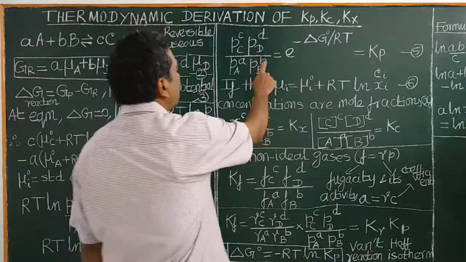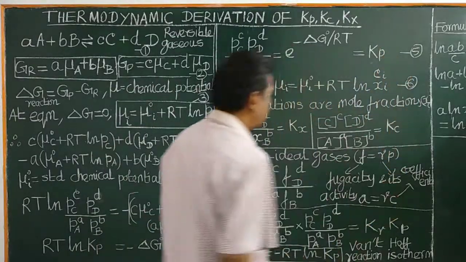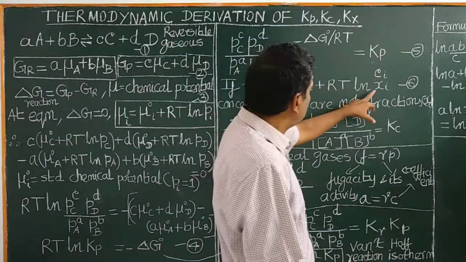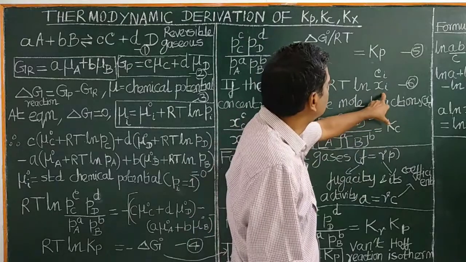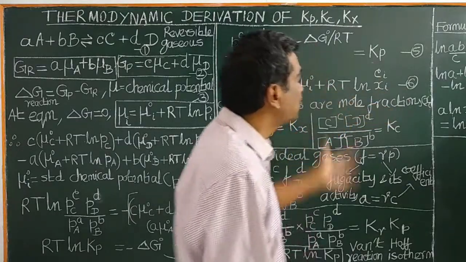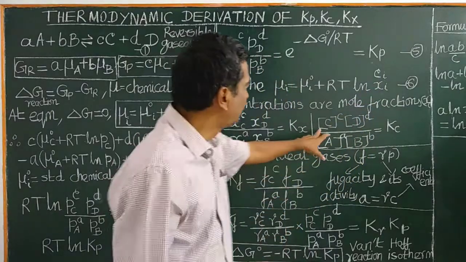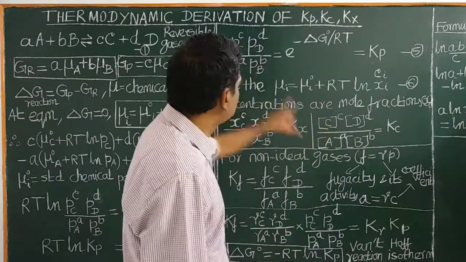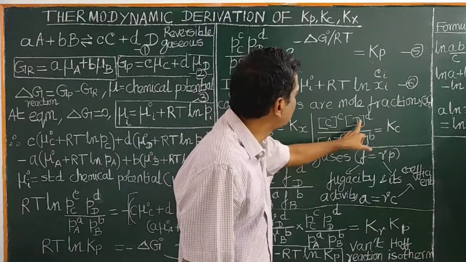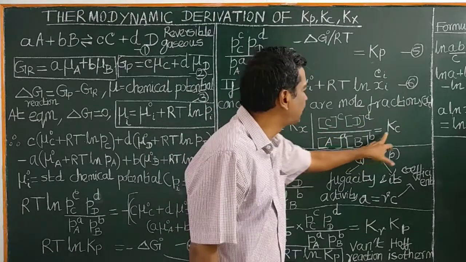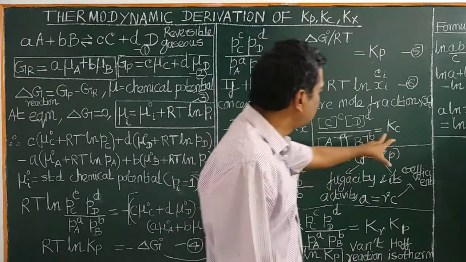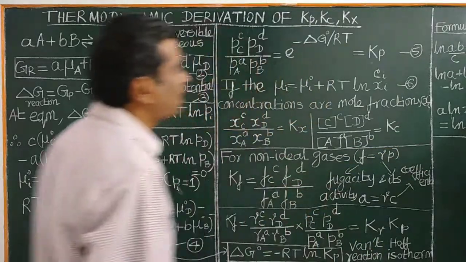This is the equilibrium constant in terms of partial pressure. Similarly, instead of mole fraction, if the concentrations are expressed in moles per liter, Ci, then concentration of C to the power c, concentration of D to the power d, divided by concentration of A to the power a, concentration of B to the power b, is equal to Kc. This is the expression we have derived thermodynamically.